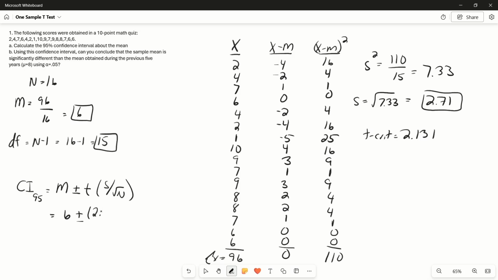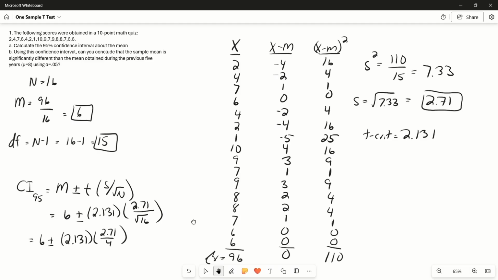So this is 2.131 times s, which is 2.71, divided by the square root of n. That's going to be the square root of 16, which is 4, right? So 6 plus or minus the t value times 2.71 over 4.